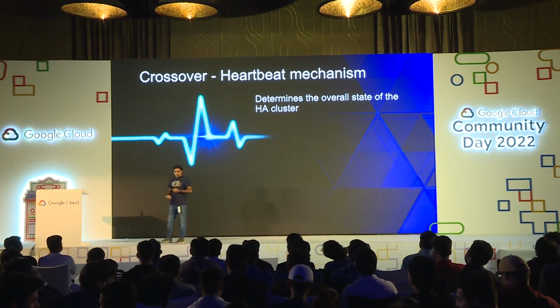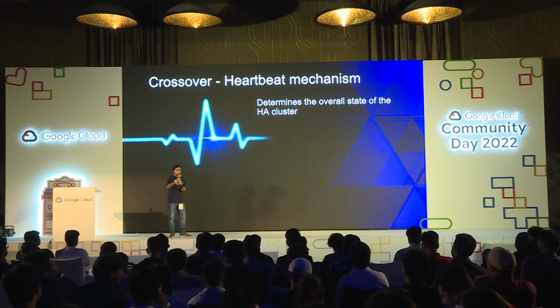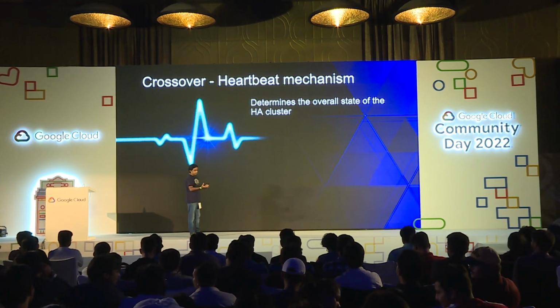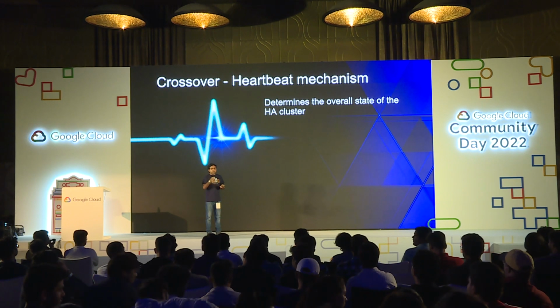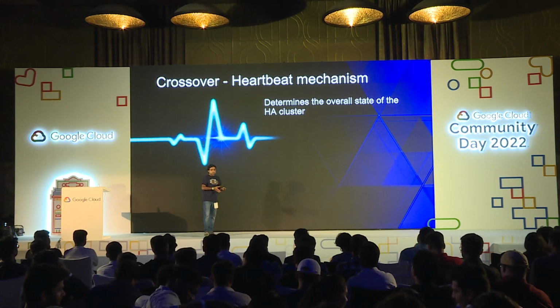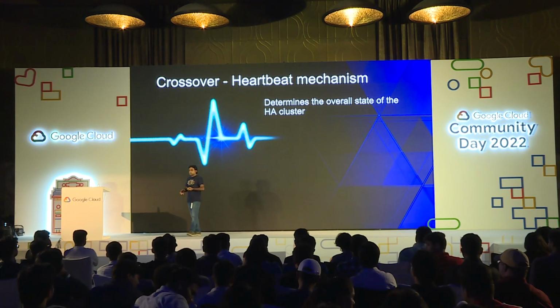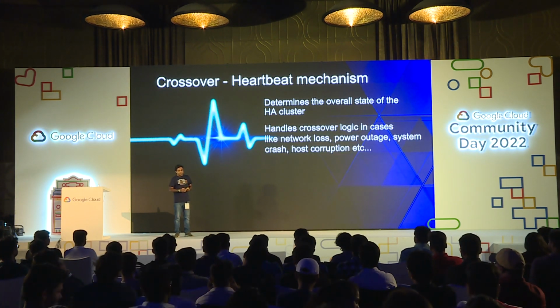It determines the overall state of the HA cluster. A cluster is basically two nodes or two systems which are in HA. And you need the heartbeat mechanisms to be set, because the heartbeat is very important as it conveys the overall state of the HA, right?